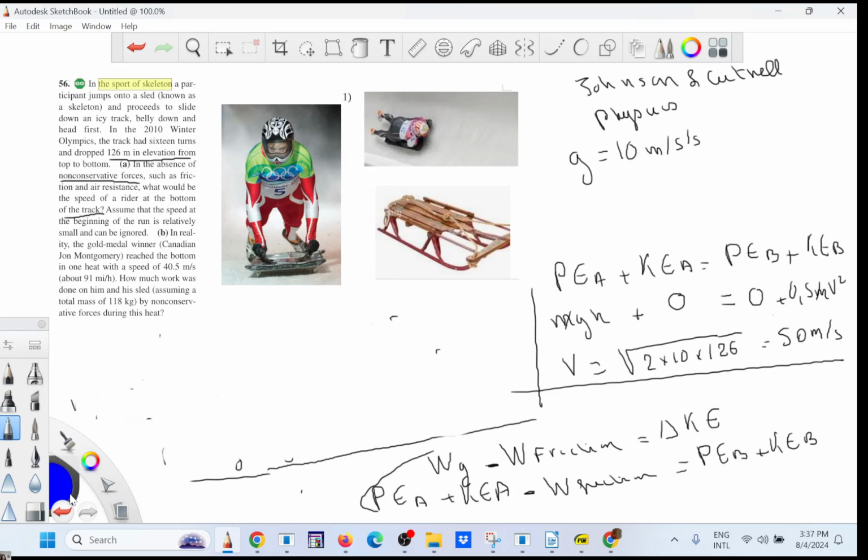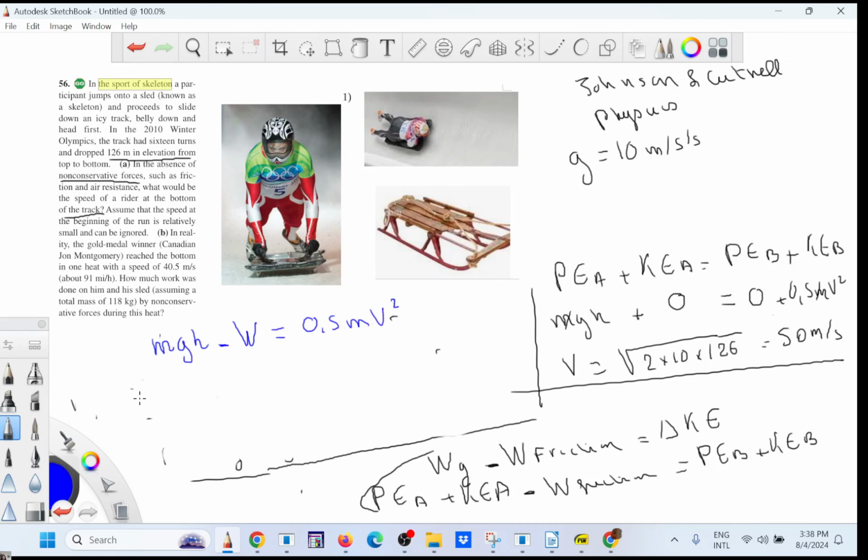Okay, so we can say that the potential energy at the top, so mgh, minus the work done by friction, the non-conservative force, equals 0.5 mv squared.